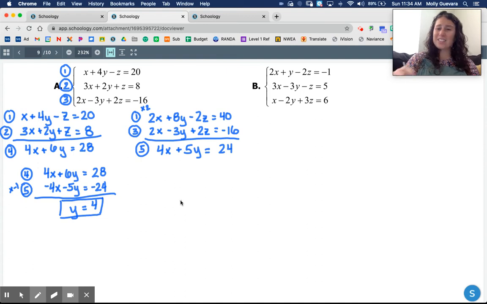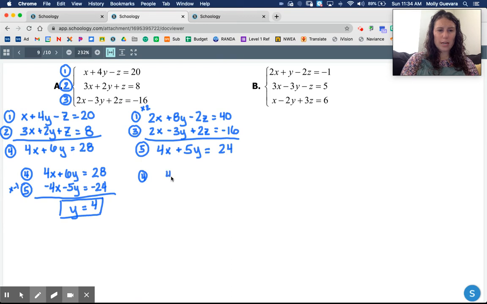Once I do that, I can start back substituting. Now if I know y is 4, I can find x using either equation 4 or equation 5. Again, it literally doesn't matter which one. I'm just going to use 4. See how numbering them helps?